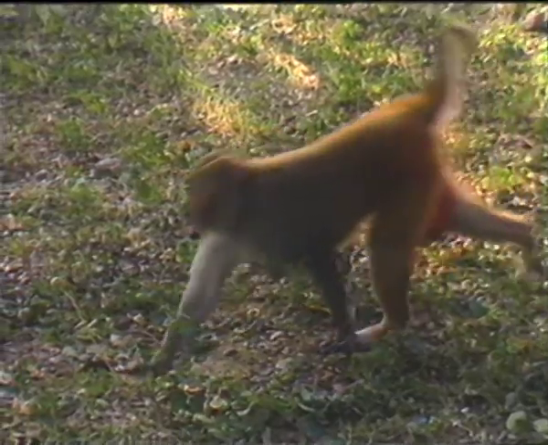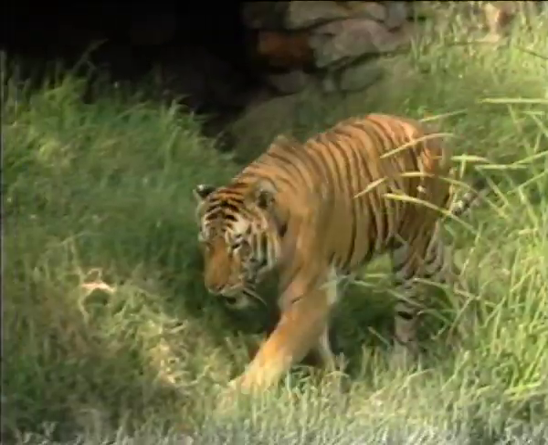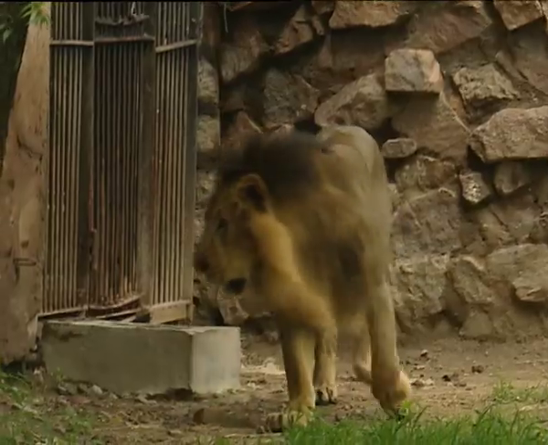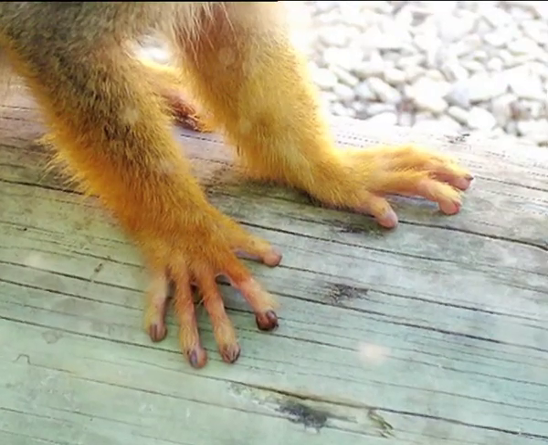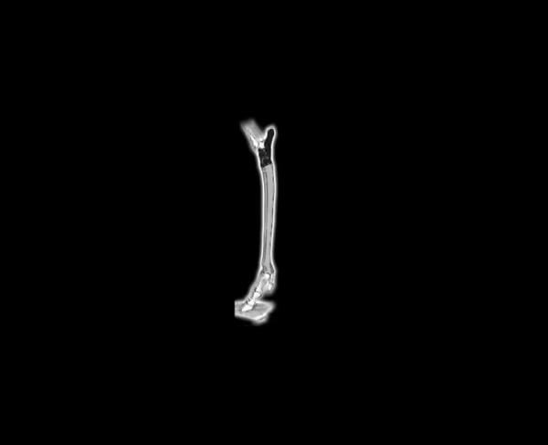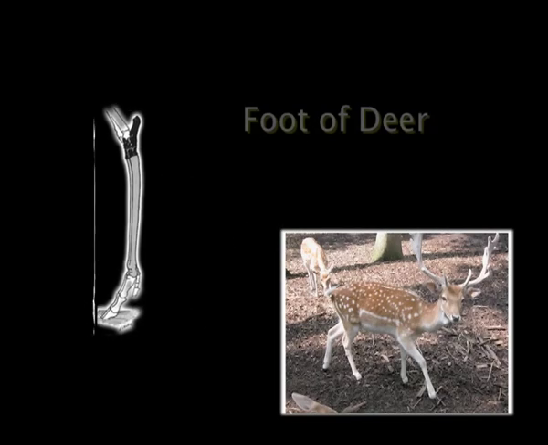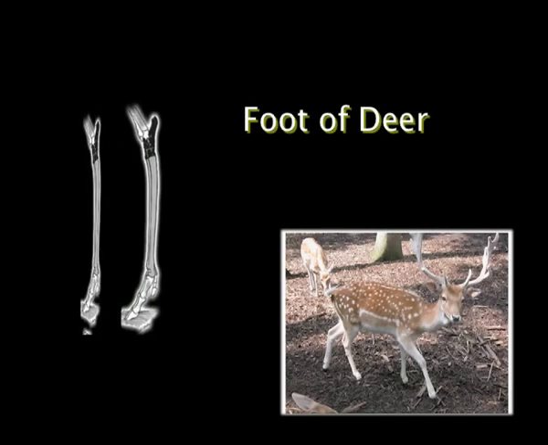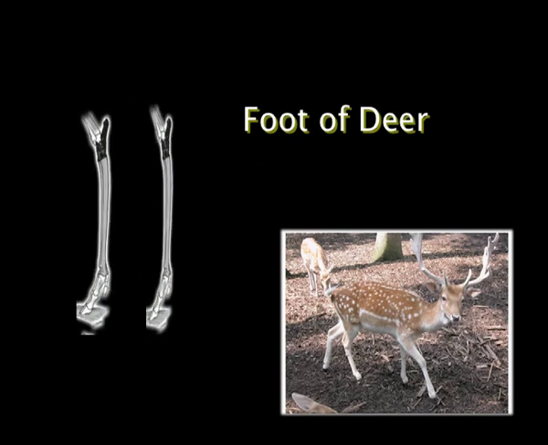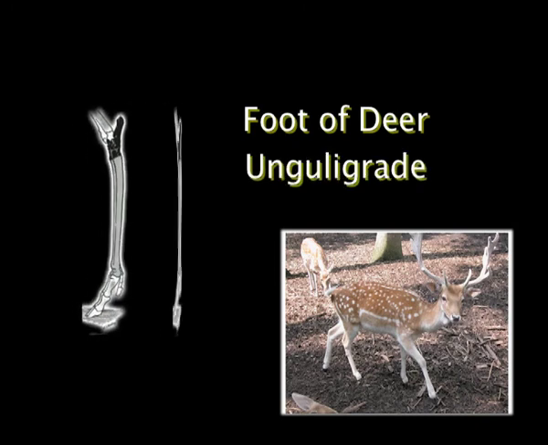Observe carefully the foot of deer, tiger, cat, lion and monkey. Deer walks and runs on tips of toes or hoofs touching the ground. Hoofed mammals are known as unguligrades or they who walk on tips of toes.